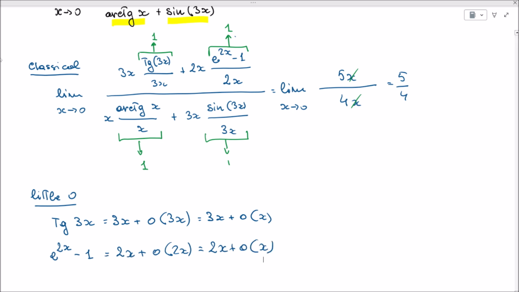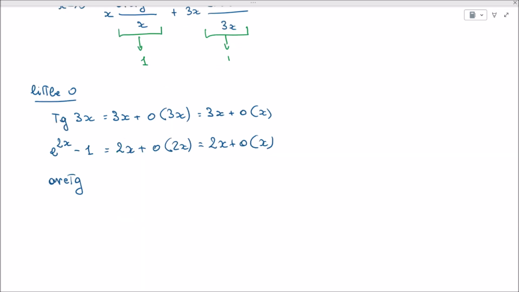Then we have arc tangent of x, which is simply x plus little o of x. And then we have sine of 3x, which is 3x plus little o of 3x, which is 3x plus little o of x.